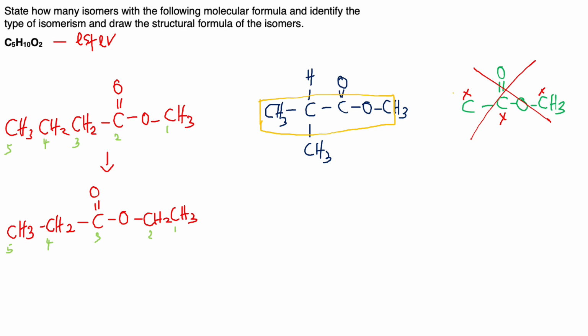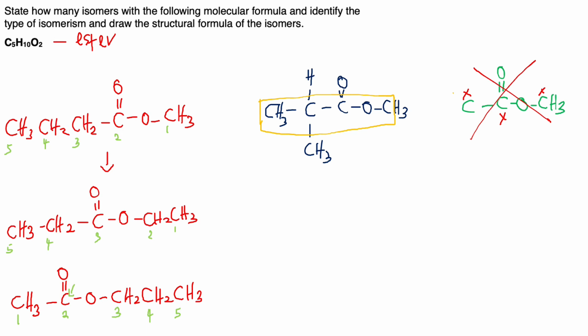Okay, we try. CH3, C double bond O, O, CH2, CH2, CH3. So from where do we do its numbering? Okay, this time for the numbering we need to see where its position is. Here, this is its position. So its carbon will be carbon number 1 here. This is carbon number 2, this is carbon number 3, 4 and 5.